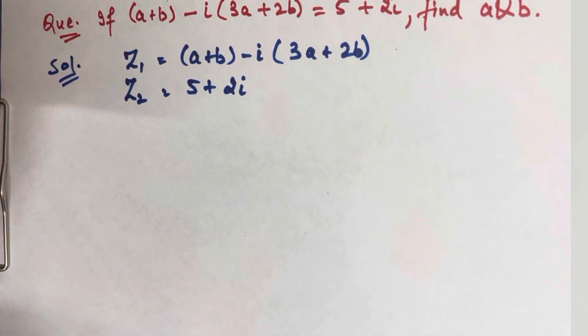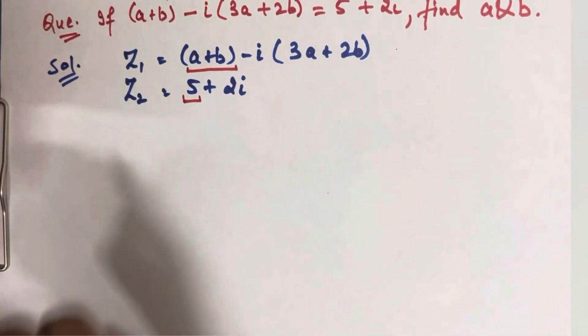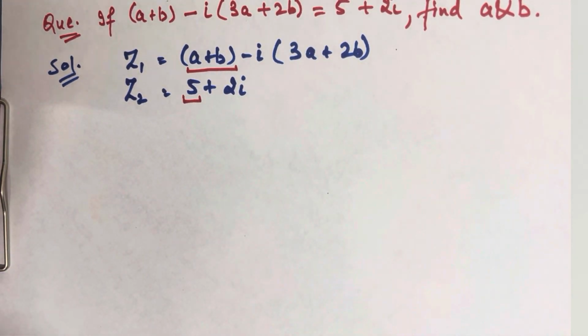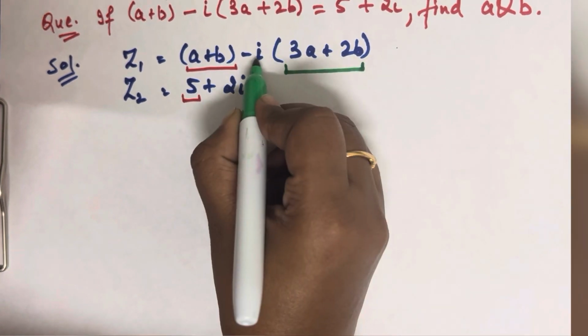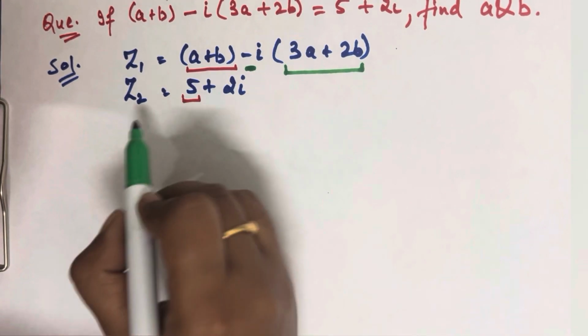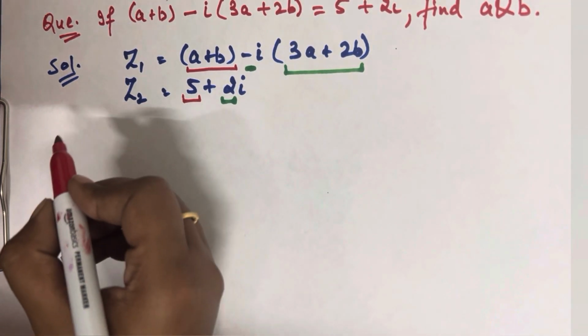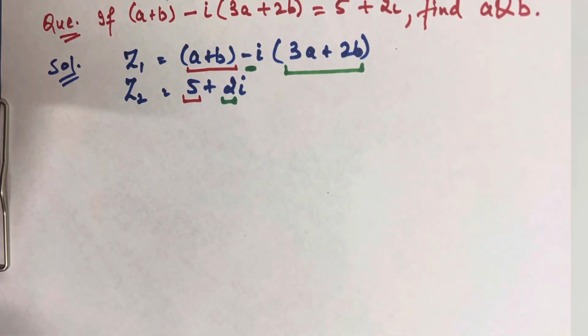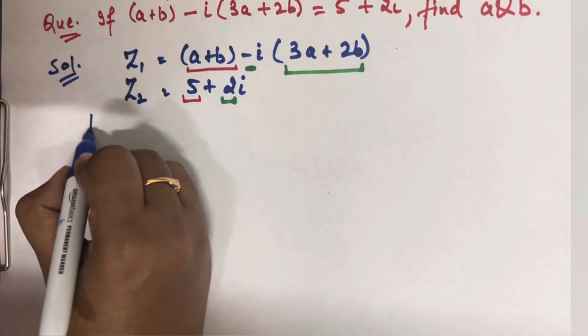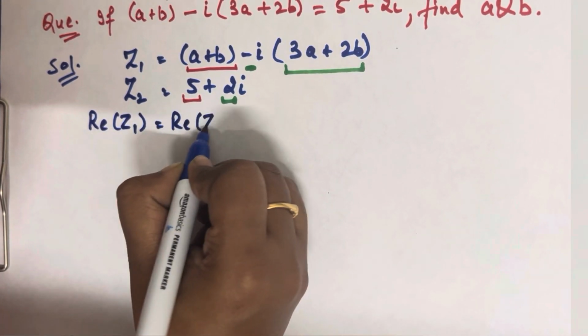So that simply means the real part will be equal to the real part, and the imaginary part, that is the part with iota, and always remember the sign also, will be equal to the imaginary part of z2. Right, now we will simply equate these two parts. First we will equate the real parts. So the real part of z1 will be equal to the real part of z2.